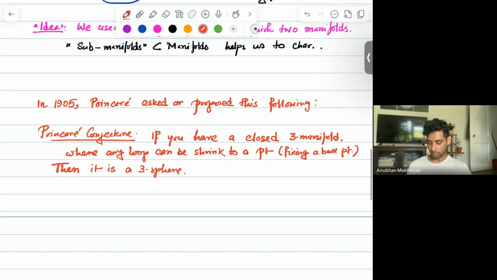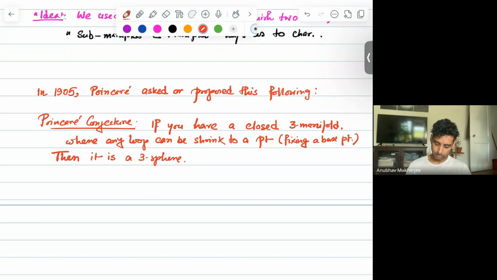Or it is, let's say, it is the same. I have to define one term. This is a pretty bold statement.